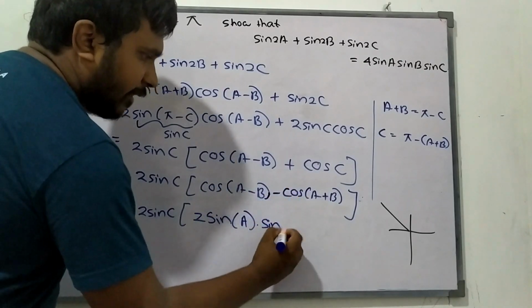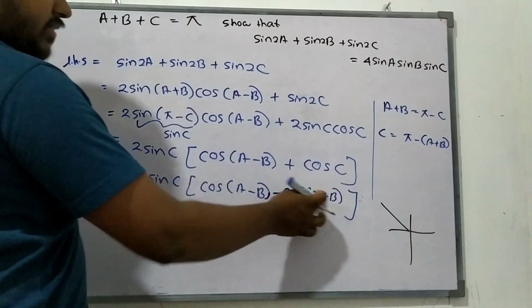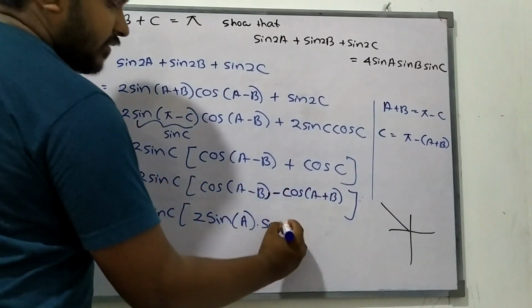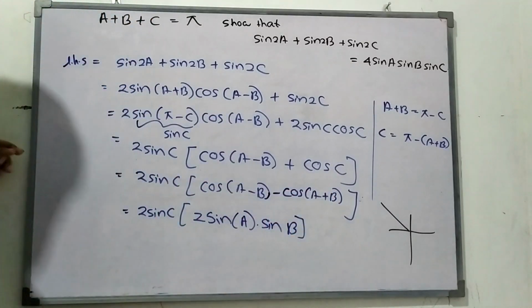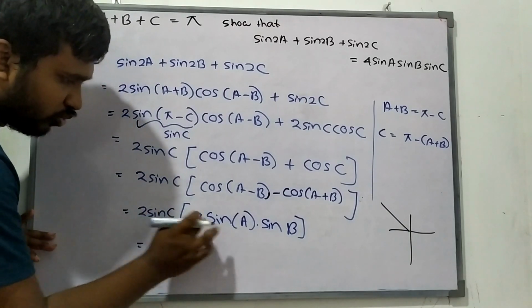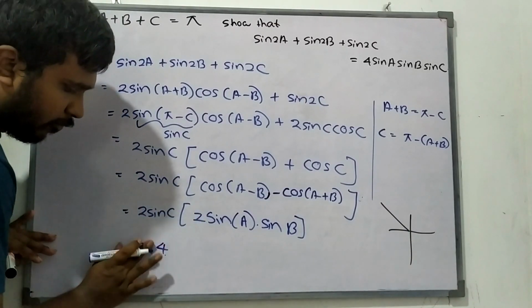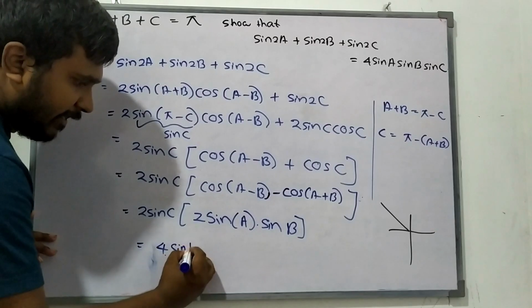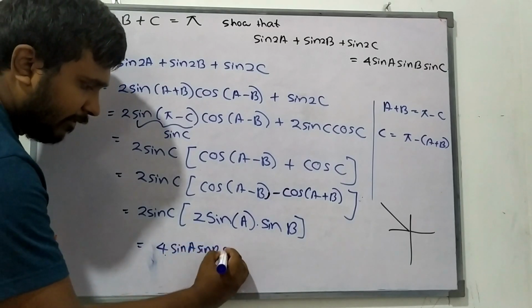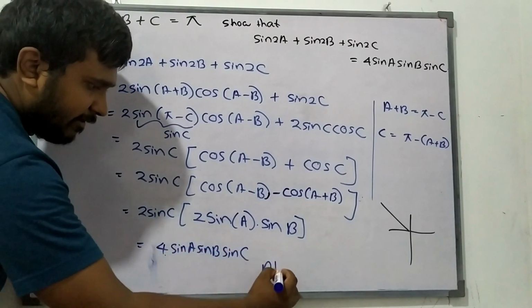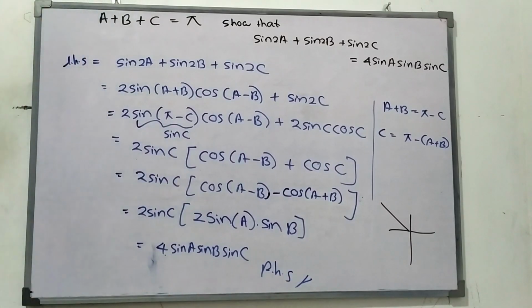And sine of the subtraction, this by this, so a cancelled, b. Okay, then it's 2 times 2 is 4 sin A sin B sin C, right hand side. So I hope you all got this example.